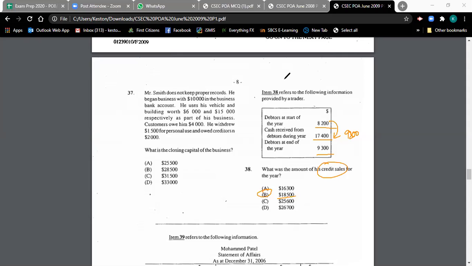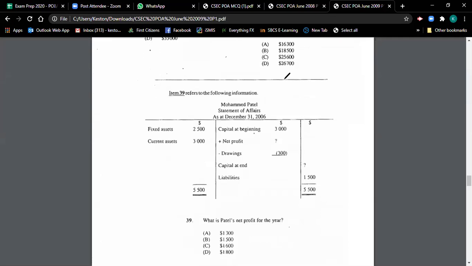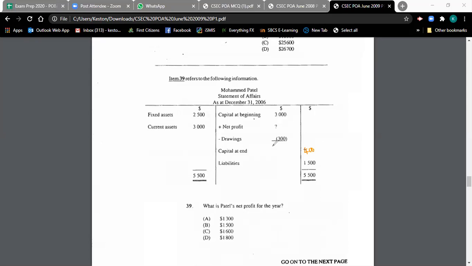39. What is Patel's net profit for the year? Net profit for the year. Could work backwards. For me to get 5,500, this needs to be 4,000. Right, so that means this needs to be 4,000.